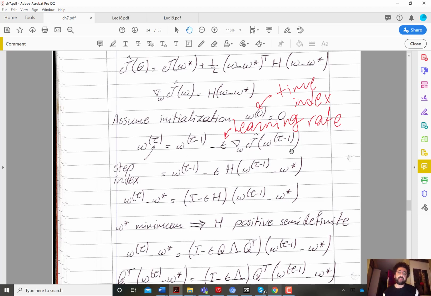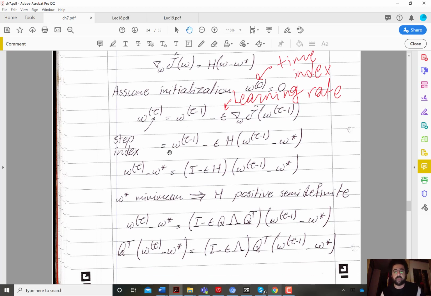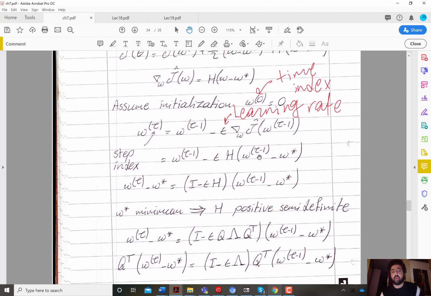So for time step tau, it's the last time step minus the learning rate times the gradient evaluated at that last time step. So this is equal to omega tau minus 1 minus epsilon H times omega tau minus 1 minus omega star. So I replaced in the calculation of the gradient here omega by omega tau minus 1.